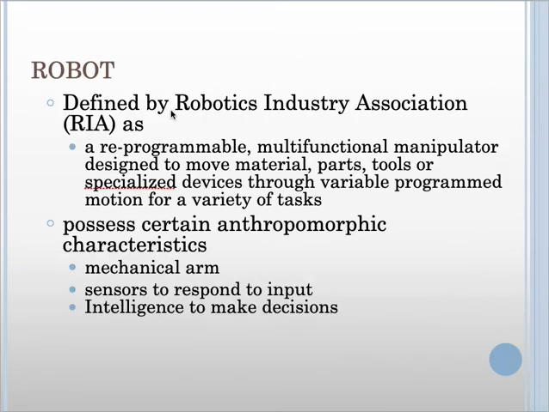A robot is defined by the Robotics Industry Association, that is RIA, as a reprogrammable multifunctional manipulator designed to move material, parts, tools, or specialized devices through variable programmed motions for a variety of tasks, and possessing certain anthropomorphic characteristics: a mechanical arm, sensors to respond to input, and intelligence to make decisions.